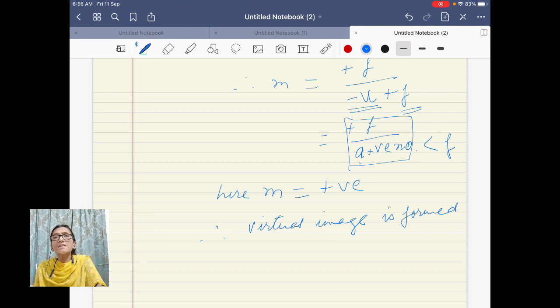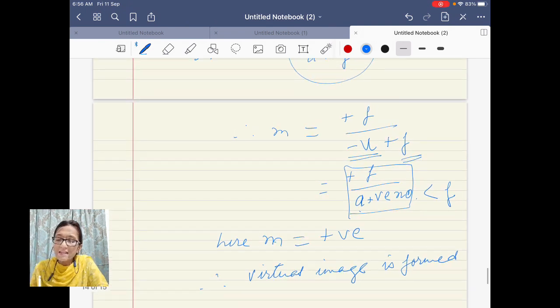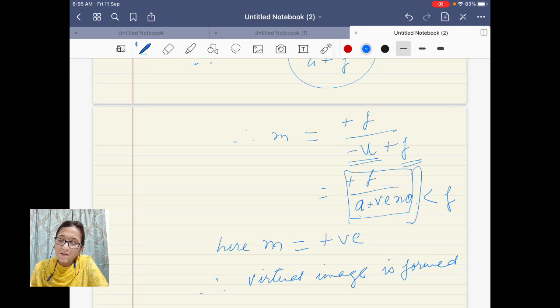Now we need to see whether this virtual image is smaller or larger. So here in this equation you can see, in numerator you have f, and in denominator you have a positive number smaller than f. So obviously this ratio is greater than 1, because the denominator is smaller than the numerator.